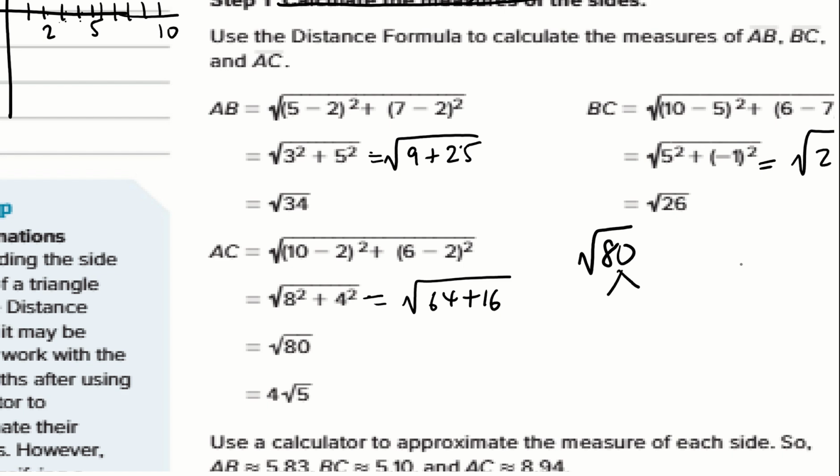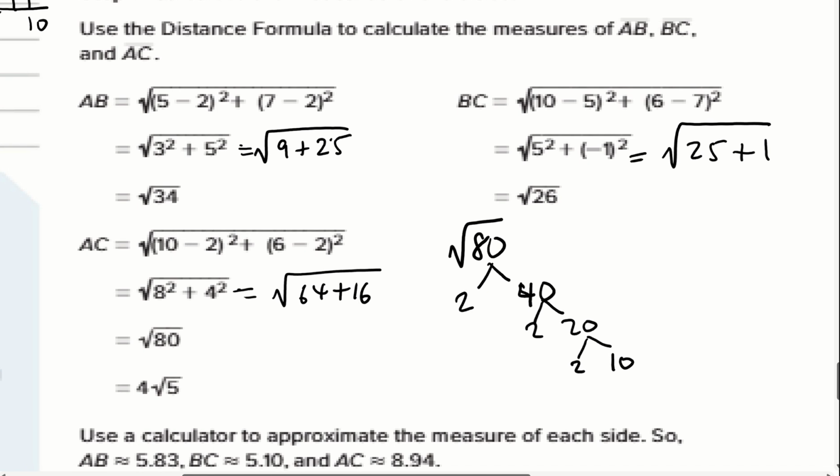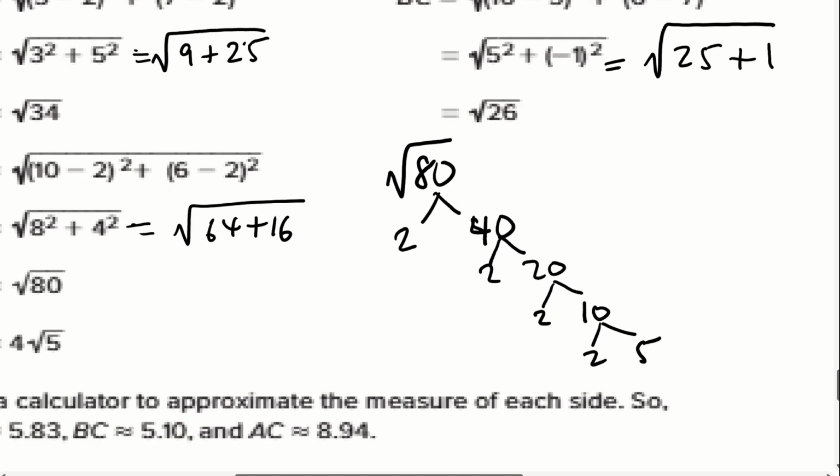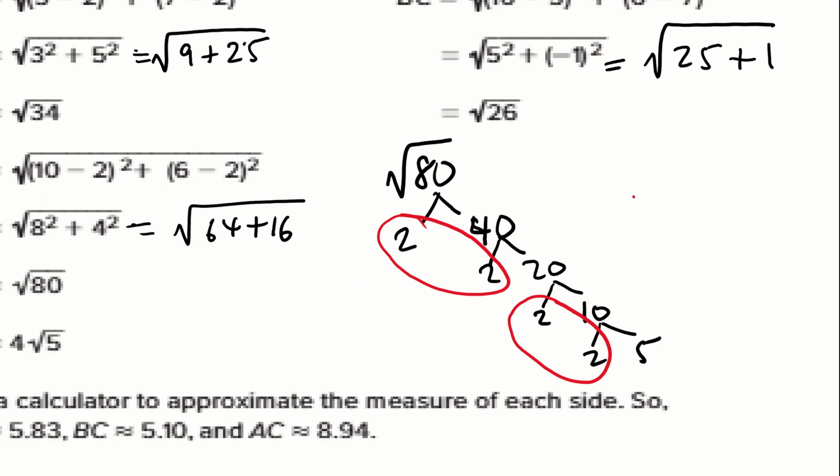Remember, break it down. 2 goes into 80 40 times. 2 goes into 40 20 times. 2 goes into 20 10 times. 2 goes into 10 5 times. All right, so now we got a pair and another pair. So we got 2 pairs, so we got to kick them out. Anytime you see a pair, you kick them out of the radical.